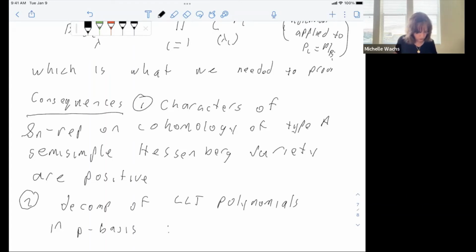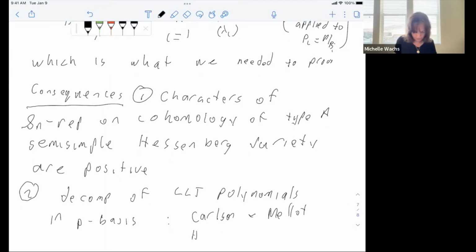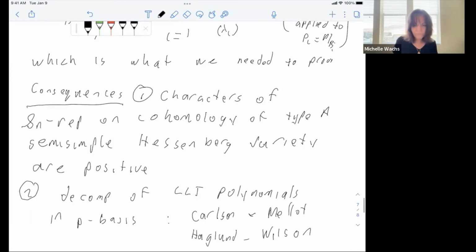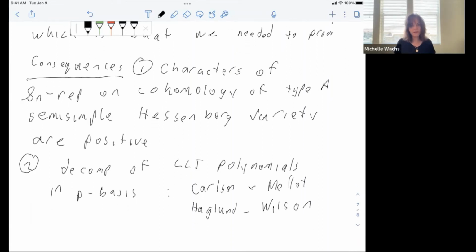And this is work of Carlsson and Mellit and Jim and Andrew Wilson, that you can decompose the LLT polynomials in the P basis. So this follows from the P decomposition we've been talking about.